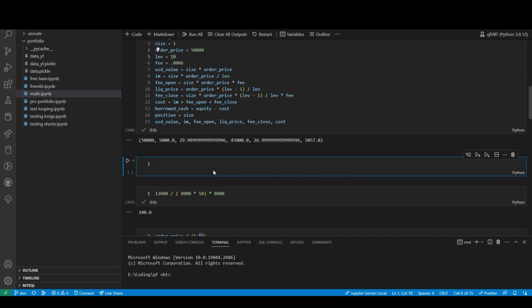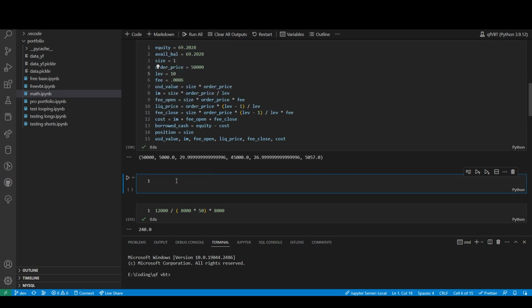Now here the trader places a long entry of 1 BTC at 10,000 with 50x leverage. Initial margin is 1 times 10,000 divided by 50.